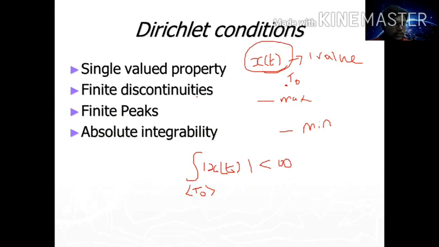Finite discontinuities means x of t should have a finite number of discontinuities in the interval t naught. Finite peaks means x of t should have a finite number of maxima and minima in the interval t naught. Absolute integrability means x of t should be absolutely integrable, that is the integral of modulus of x of t is less than infinity.